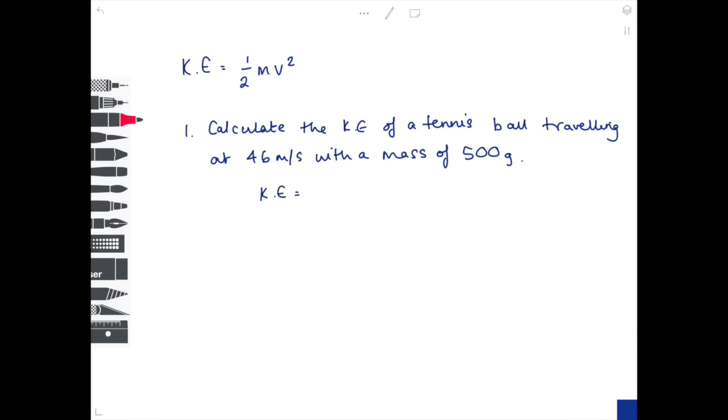So as always, write out our equation, which is KE is half mv squared. Be careful with your units, because 500 grams isn't in kilograms, so I'm going to put that into kilograms. So remember, 500 grams is 0.5 kilograms. So start substituting in your values. So it's half times 0.5 times 46 squared.